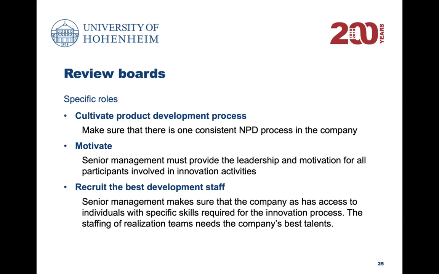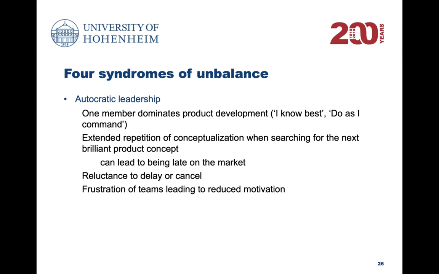Yet you can have biases, you can have some sort of unbalance in these review boards, and that has a strong effect on the overall result of the innovation process. And there's 4 syndromes. We can differentiate 4 syndromes of unbalance. There's autocratic leadership, there is the Big Brother syndrome, functional beauty syndrome, and the ricochet syndrome.